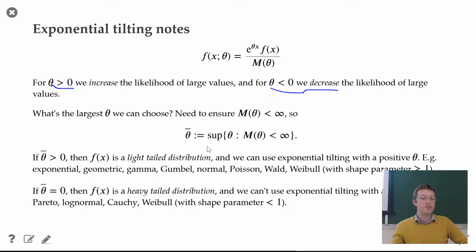And that's determined by this moment generating function. If you make theta get bigger and bigger, it eventually just becomes infinite. So how large can I go before it becomes infinite is useful to know.